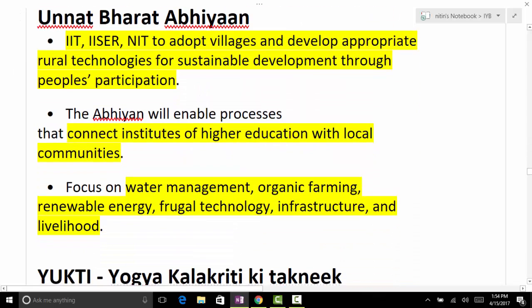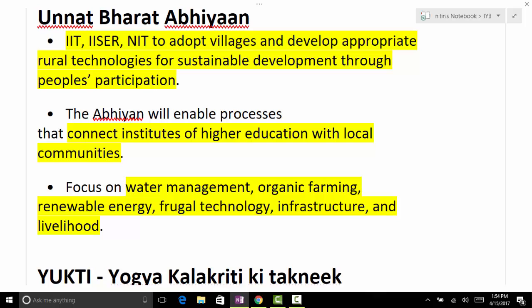Unnat Bharat Abhiyan, IITs, IISERs, and NITs. They are going to adopt the villages and bring the technologies that are required at those ground levels. What kind of technologies are required for sustainable development through people's participation? So connect these institutes of higher education with local communities. Unnat Bharat Abhiyan.